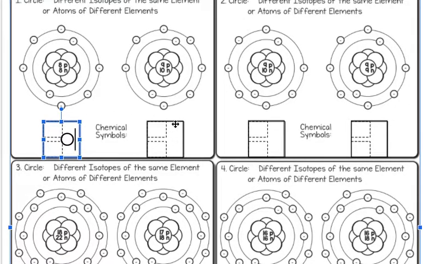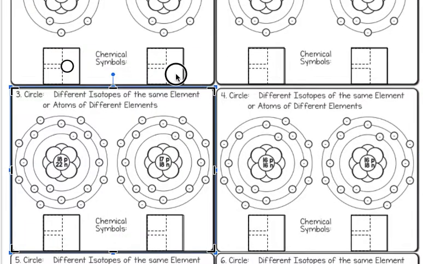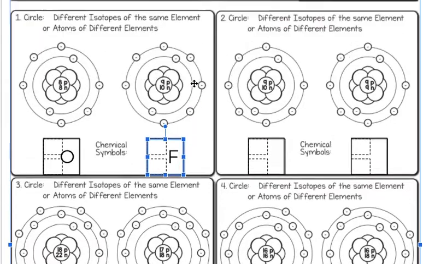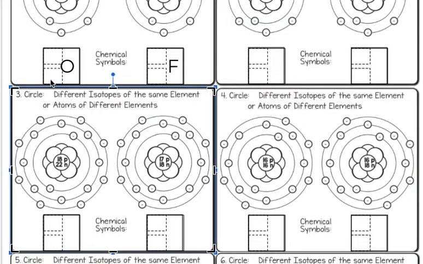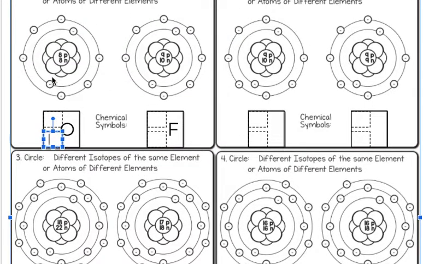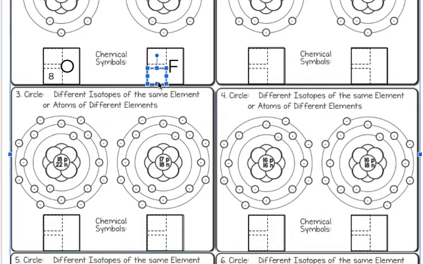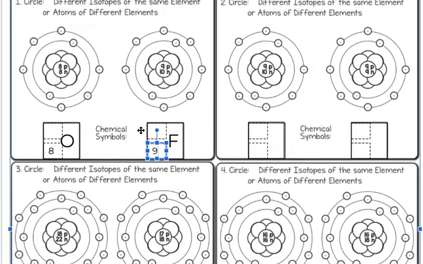And if I look over here, the element with 9 protons is fluorine. So I'm going to take those chemical symbols there, and I'm going to make sure that I have included whatever the number of protons is, which in oxygen's case would be 8, and in fluorine's case would be 9.